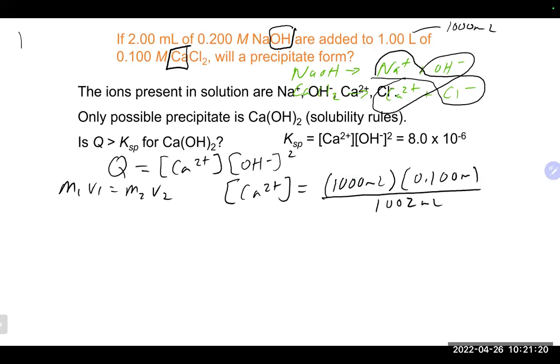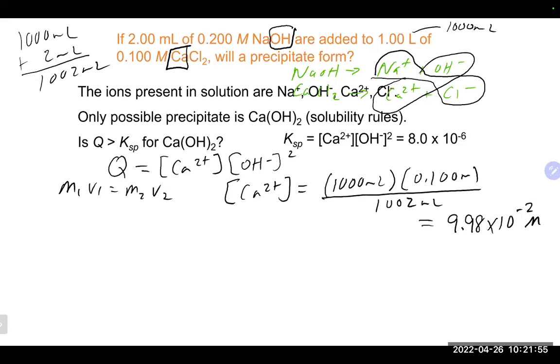Again, 1,000 milliliters of the calcium chloride plus 2 milliliters of the sodium hydroxide gives us a grand total of 1,002 milliliters. So we're going to do 1,000 times 0.1 divided by 1002. That is going to get us a concentration for calcium of about 9.98 times 10 to the minus 2 molar.